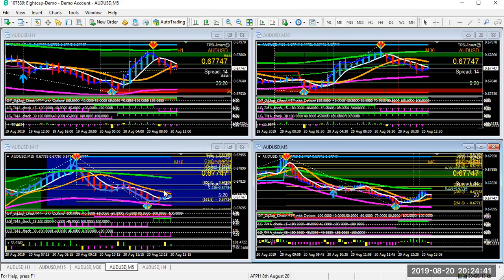It's just doing what the 15 says it needs to do. That's how we can piece together our story. The 5 minute does all the up and down to facilitate and support the movements in the higher time frames, like chess pieces moving on a chessboard. Everything has its place.